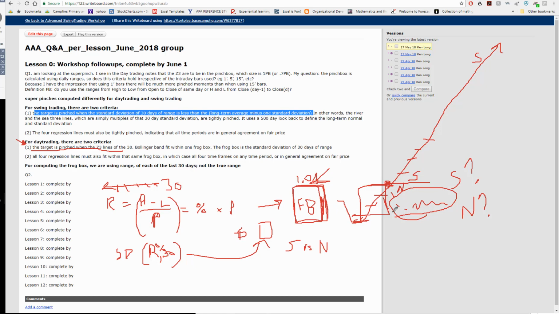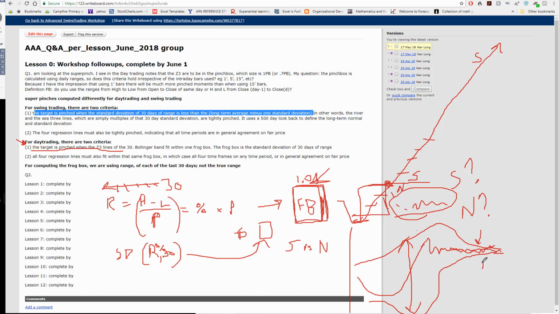Well, what we found was that there were some times when you get this nice big move and then it finds its level, and then instead of getting further, it gets quiet and then really, really quiet. And one of the things that we noticed was that the Bollinger Bands would do something like this, and they would get very, very compressed, this is the Z3 lines now, to the point where out here, this might be 3 frog boxes wide, because there may have been a big gap or a very large directional move, but at some point, price has gotten so tight and compressed at the new fair value that even plus or minus Z3 all fits within one frog box.